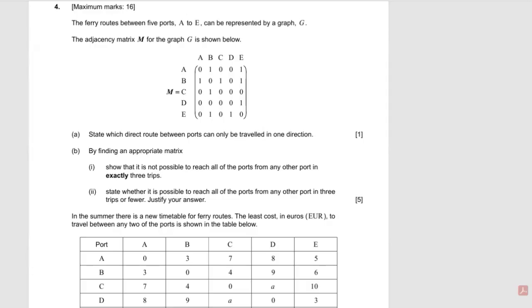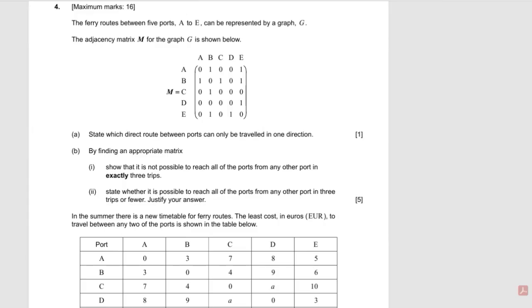Question 4, it's a 16 mark question. The ferry routes between 5 ports A to E can be represented by a graph G. The adjacency matrix M for the graph G is shown below. Part A: state which direct routes between ports can only be traveled in one direction. We see A, B is 1, B and A is 1, so it's both ways.